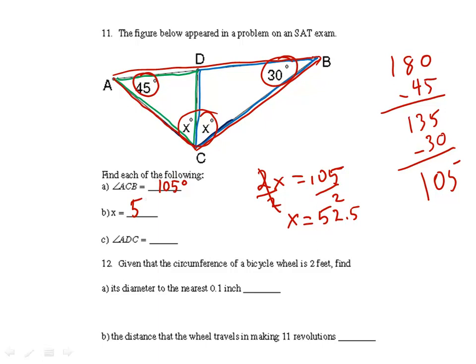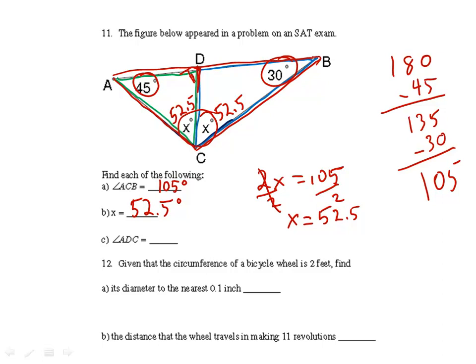And 52.5. So what is angle ADC then? It helps a lot if you will mark up your figure as you come up with information. Then you'll be able to see relationships so much better. Where's angle ADC? It's this one right here, isn't it? Now I go back to seeing the smaller triangle, triangle ACD, which is outlined in green.